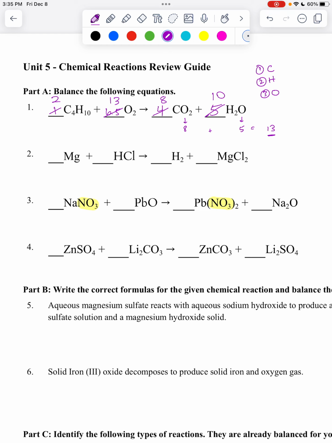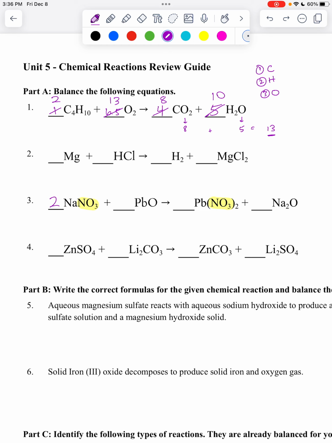So as I look through, I notice that I have 1 sodium on the left side and 2 on the right. So my fix for that would be putting 2 sodium on the left. That gives me my 2 sodium. It also gives me 2 of these nitrate groups, as we can see. And the cool part about that is that I have 2 nitrate groups on the right already, since it's attached to a lead that has a positive 2 charge. So that one, actually, we are done.